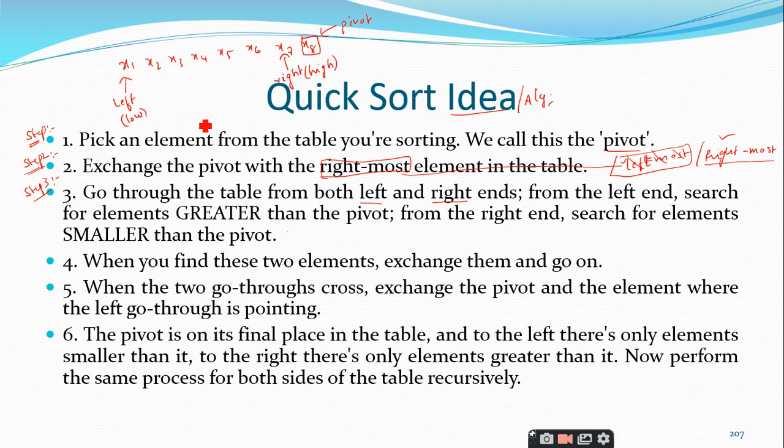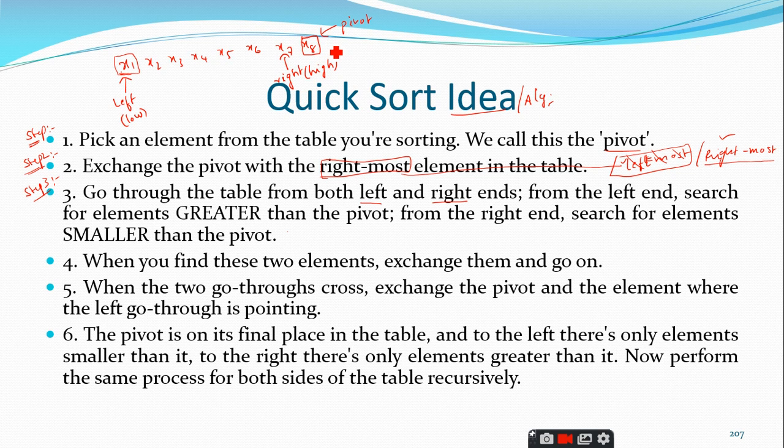After this, the purpose of this left pointer is to keep track of the elements which are less than the pivot, and the purpose of this right pointer is to keep track of elements which are greater than the pivot element. So, for this what you will do is, you will compare the element that is pointed by the left pointer, that is x 1, with the pivot.